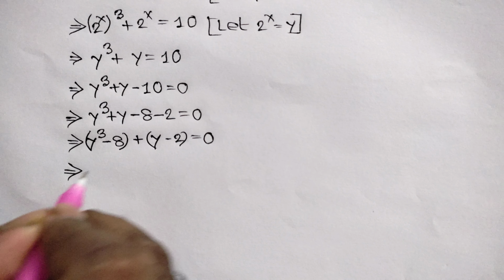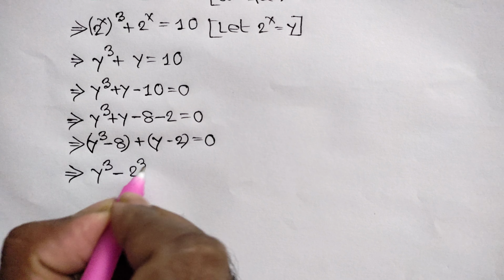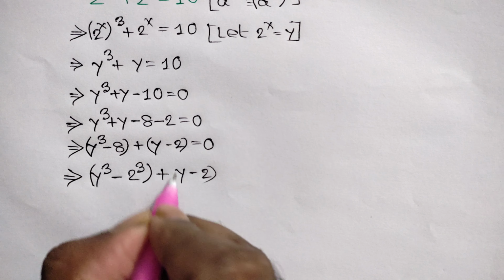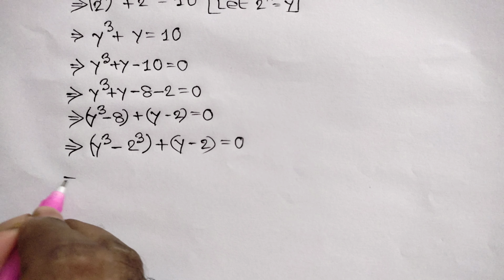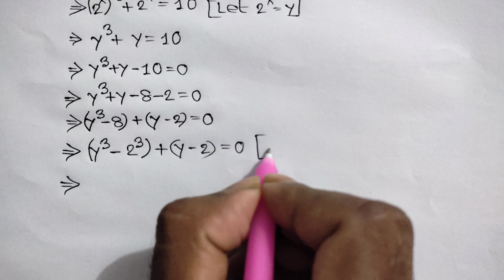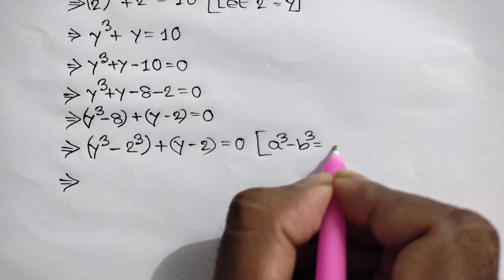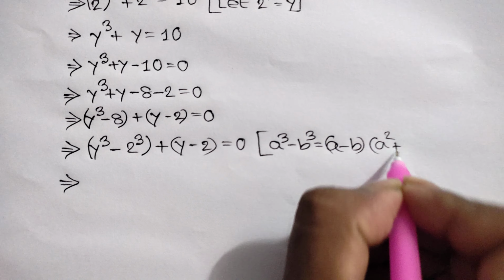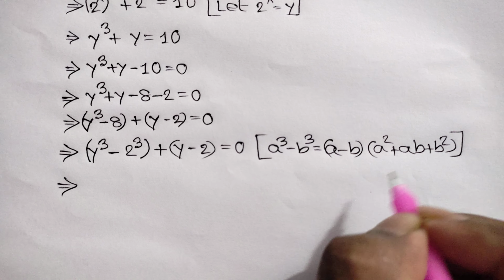Now y cube minus, this 8 can be written as 2 cube, plus y minus 2 is equal to 0. Now we know an algebraic formula: a cube minus b cube is equal to a minus b times a square plus ab plus b square.